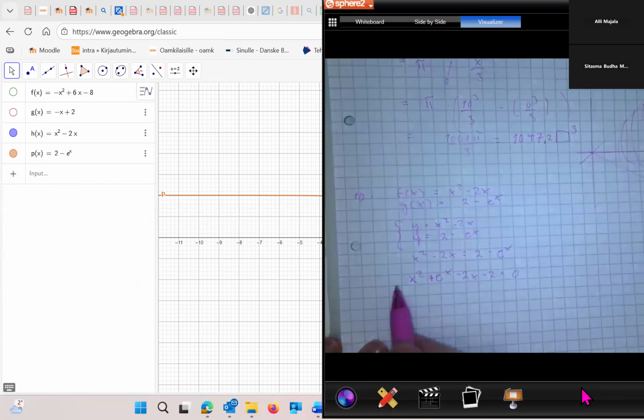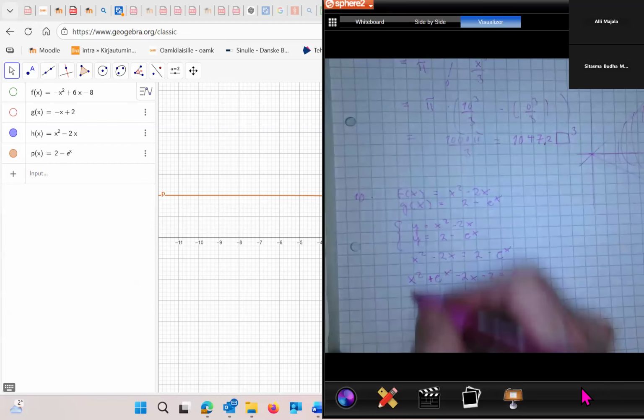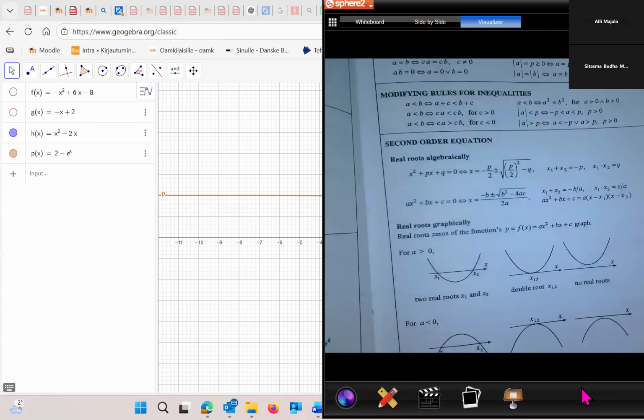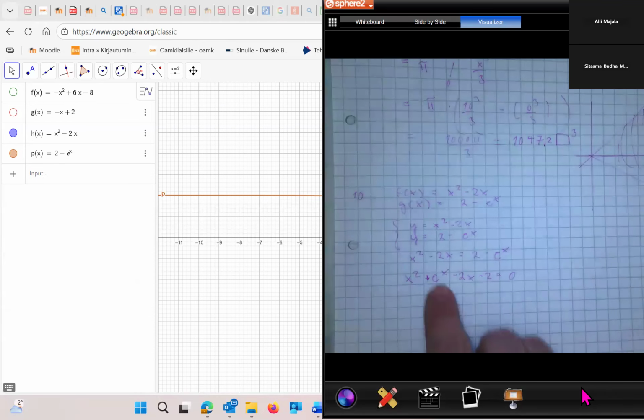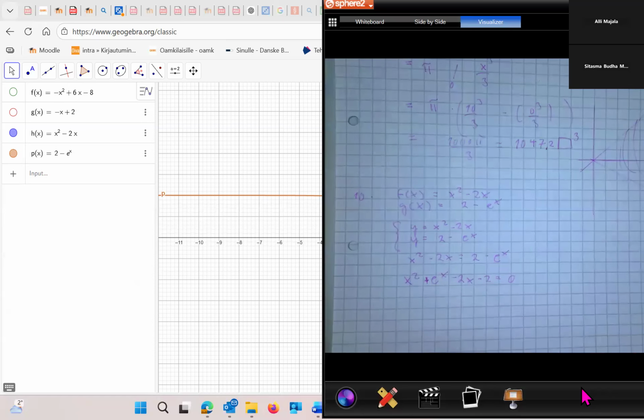And now I can't solve this, can I? I don't have some formula that I could use for that. No, because there's this damn thingy there. So now I could use the Newton method. Do you remember the Newton method?